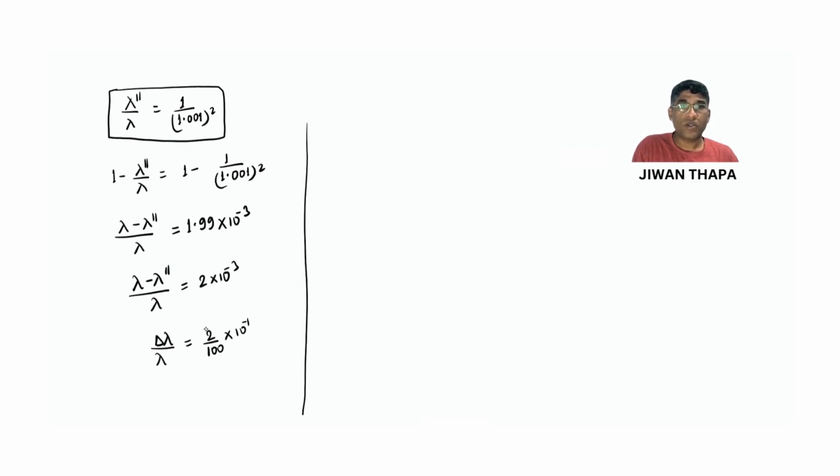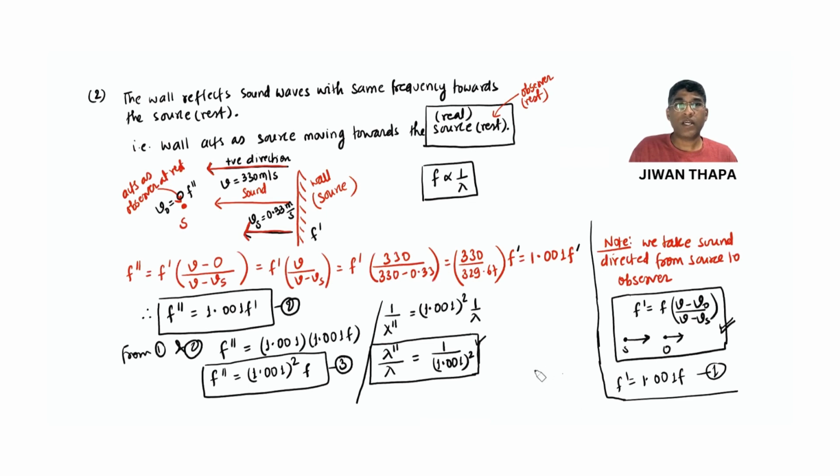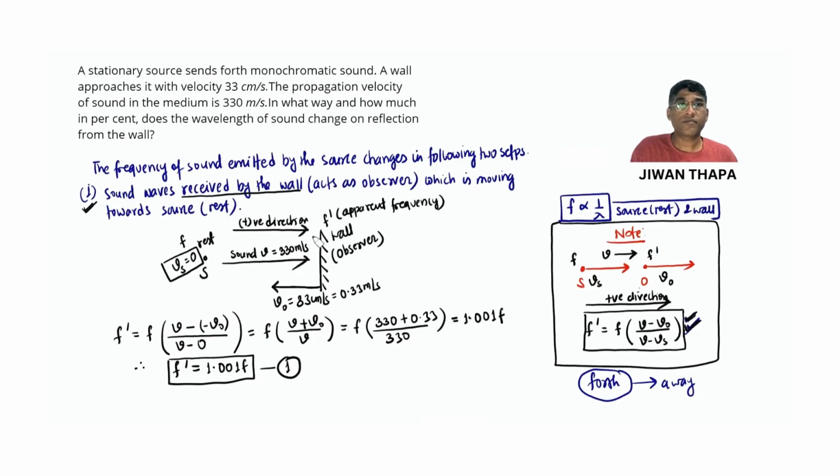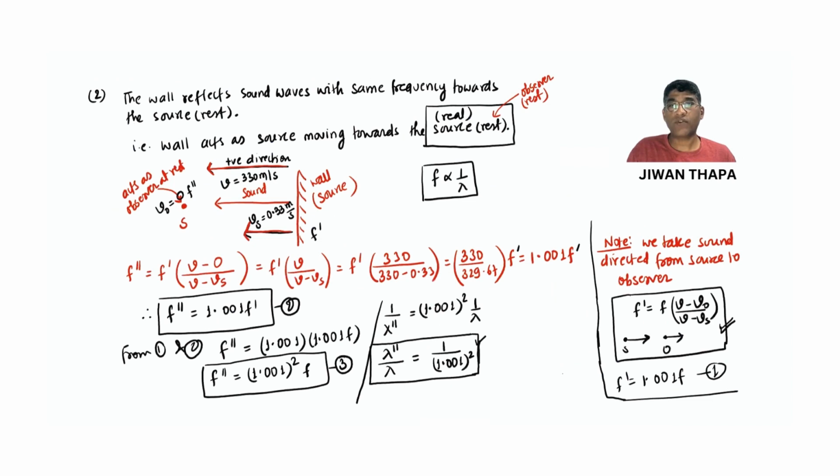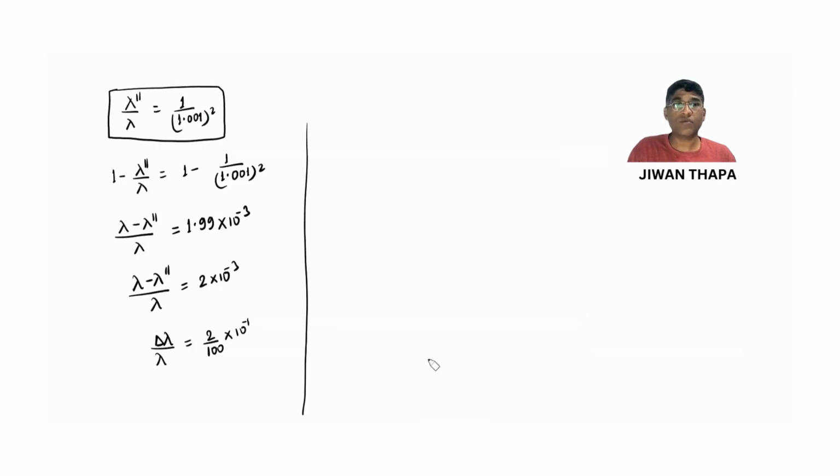We are asked to find how much in percent the wavelength of sound changes on reflection from the wall. So we are asked to find the percentage change in wavelength.